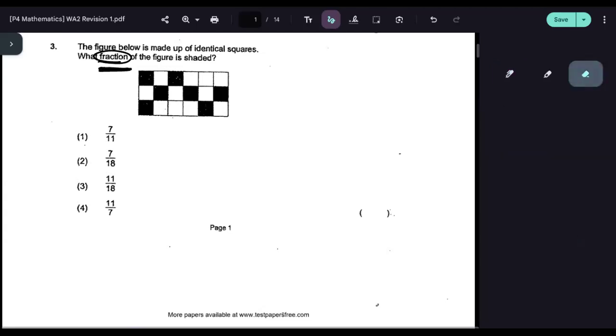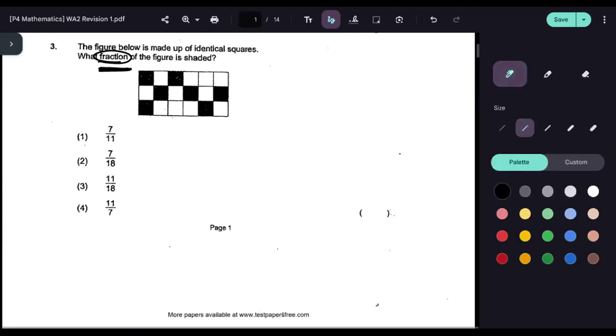Firstly we count how many total. What's the total? We have 6, 12, 18. So we know it's something over 18. Because we have something over 18, we can already know that 1 and 4 are out.